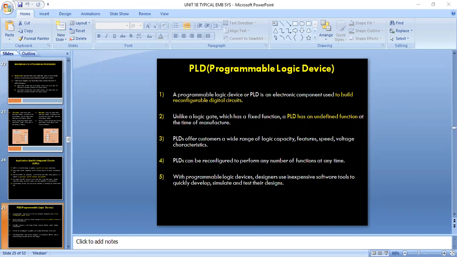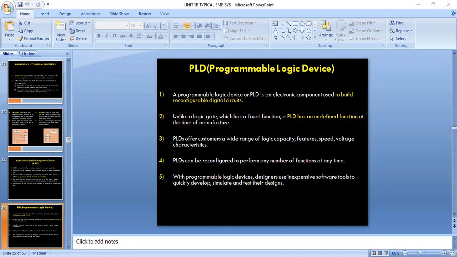What is this PLD? In the previous class, I told you there are two types of PLDs. One is PAL and the second one is PLA: programmable array logic and programmable logic array.